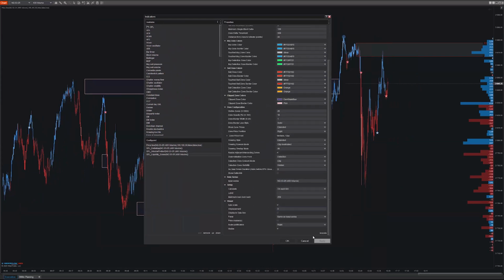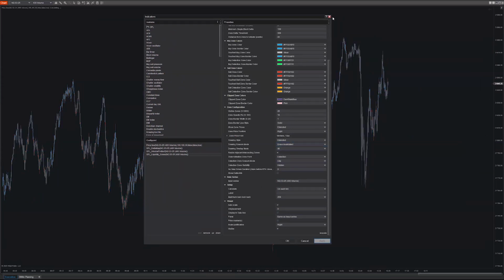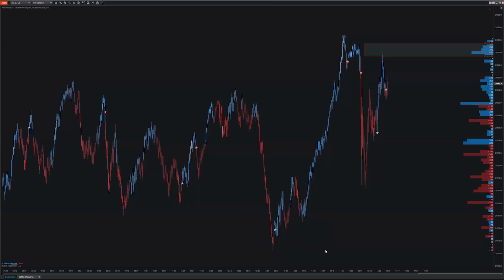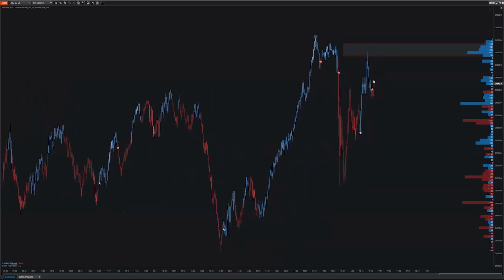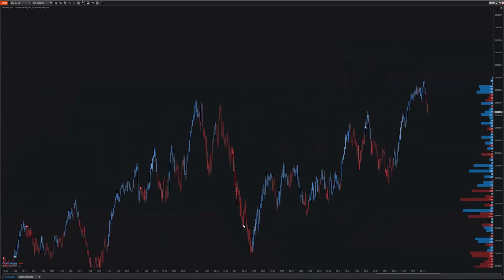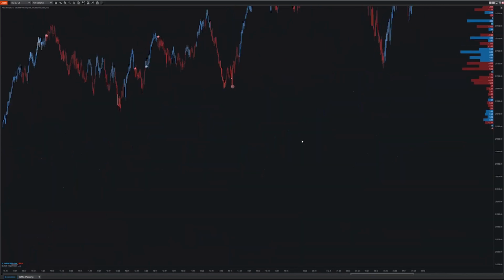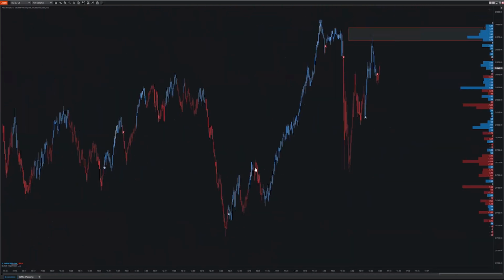And then just for the demonstration today, I turned on showing all of the old levels. You can definitely clean up your chart just by saying, hey, if we remove a price level by trading through it, that price level is going to be gone, right? So now we just see the levels that are currently active on the chart.